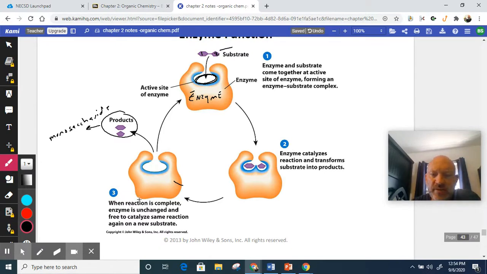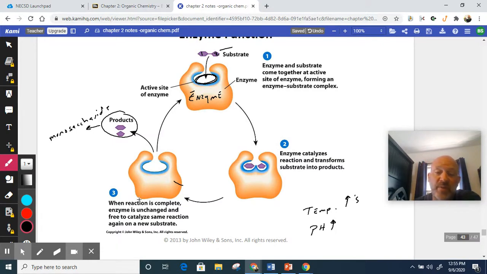But let's say there is a disruption of homeostasis where the body temperature increases. An increase of temperature could cause these enzymes to lose their shape, to become denatured. Or let's say you're going into blood acidosis, and the pH of the body is being altered.